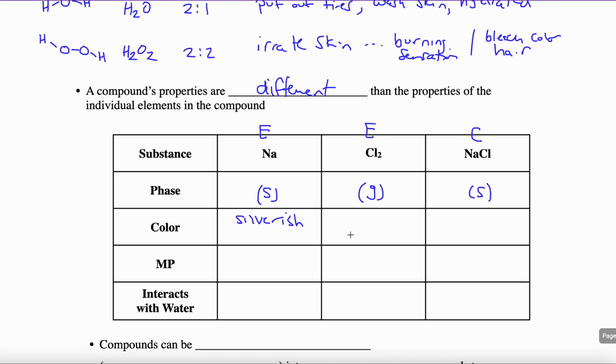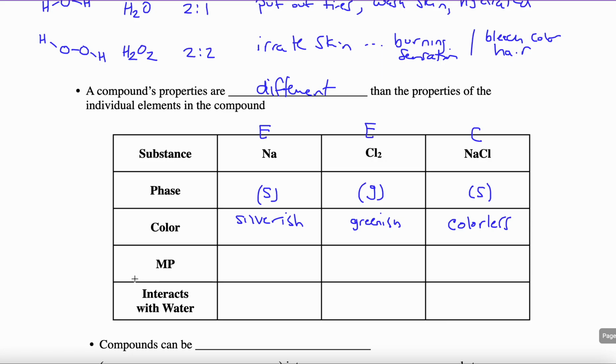Chlorine, even though it's in the gaseous phase, it has a greenish color to it. And NaCl, I know that when you look at it in the salt shaker, it looks white because of how light is refracted off of it. But NaCl, if you saw a big enough crystal of it, you would see it actually lacks color. So we would say it's colorless.